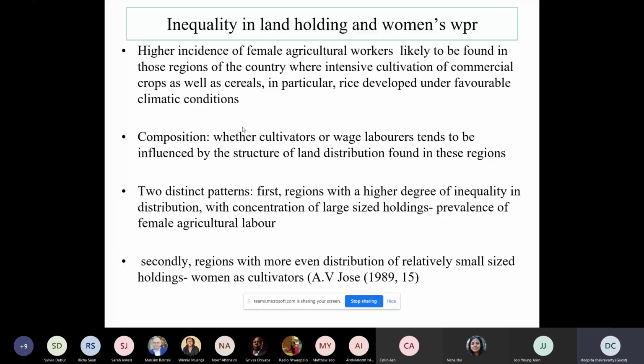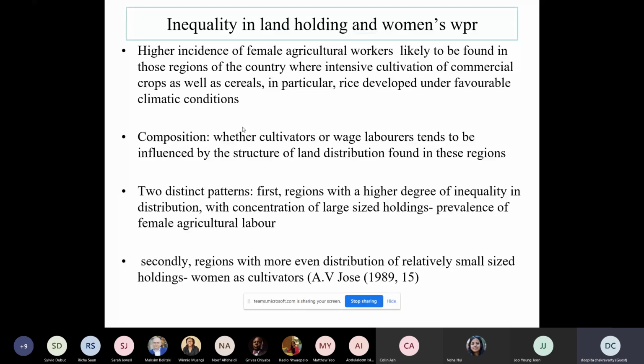All right. The second finding is that, on the contrary, if the landholding pattern is more or less equal, if there are not many people having huge concentrations of land in their hands, the possibility of the prevalence of small holding cultivators will be much higher compared to the earlier situation.